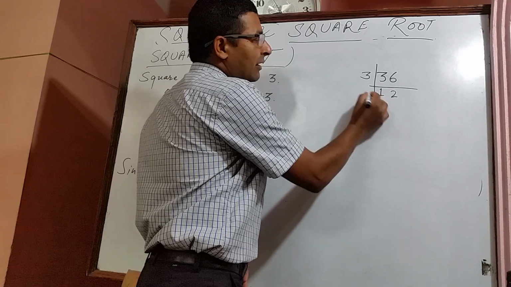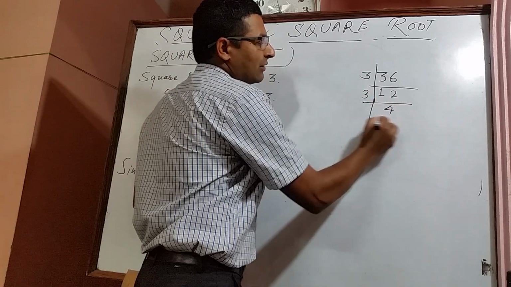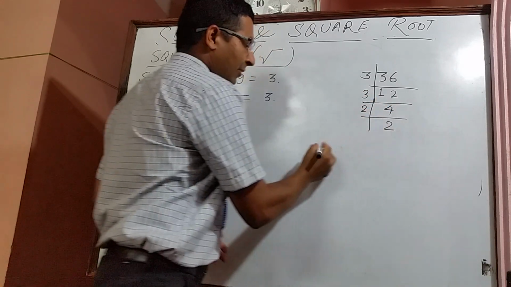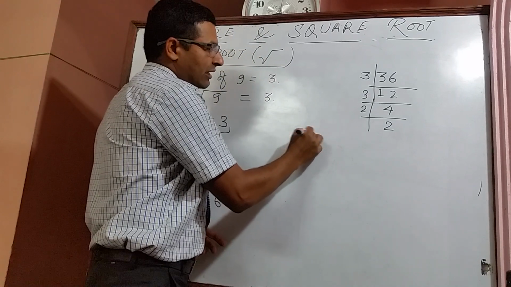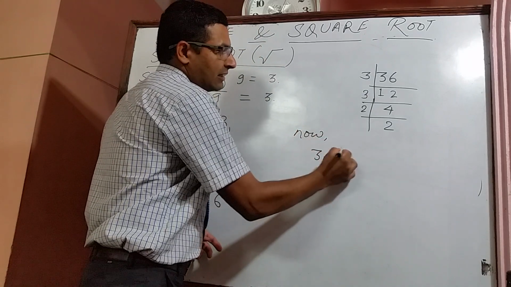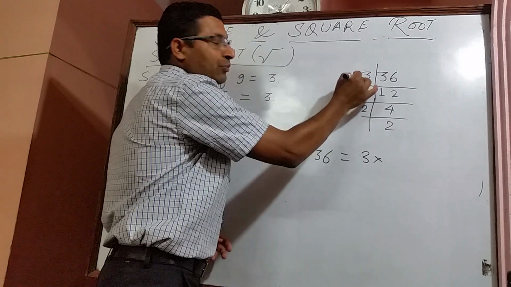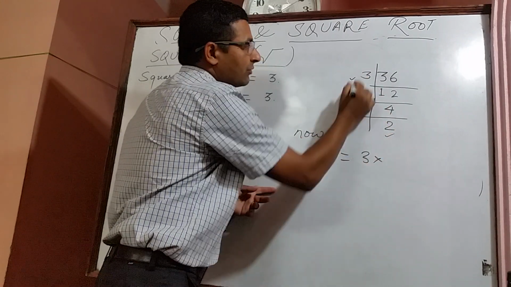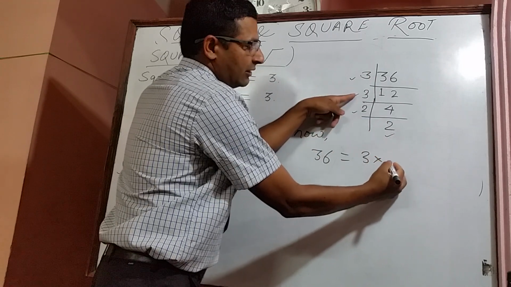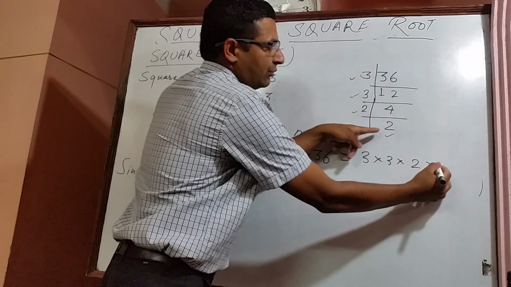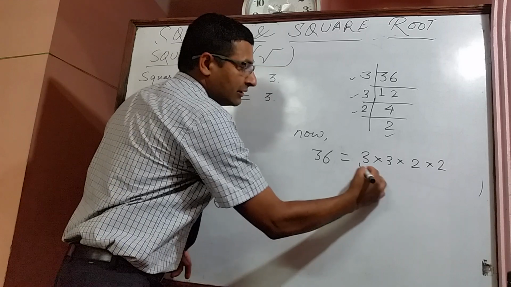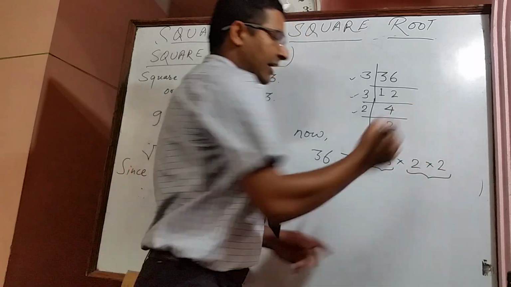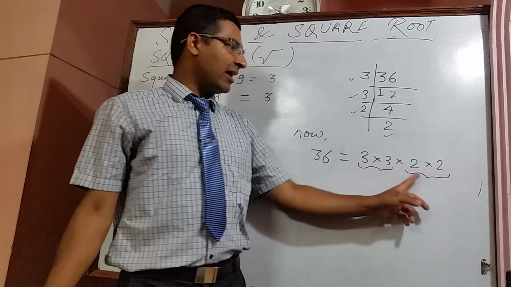And similarly, again 3 fours are 12, 2 twos are 4, and now we can write 36 as the product of these factors: 3, again this 3 here, this 2 here, this 2 here. We can see it as the product of identical factors.